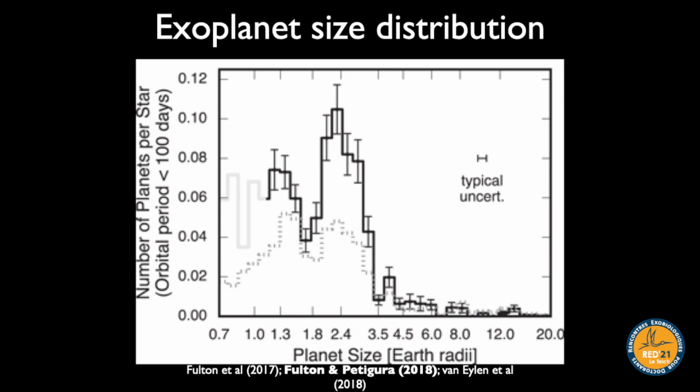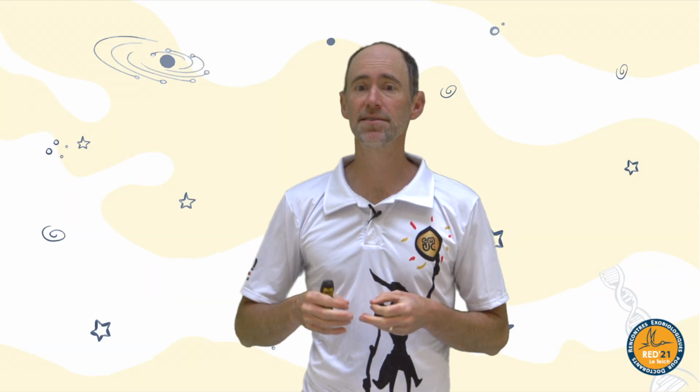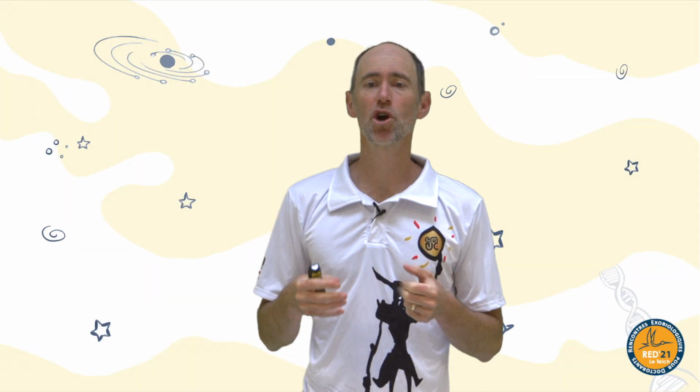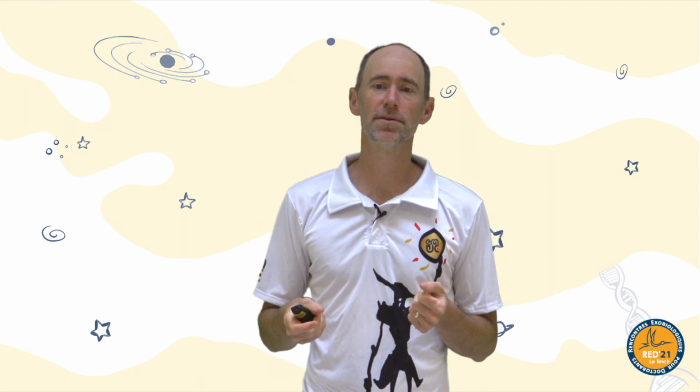And exactly what that means is currently being debated today. It may have to do with a division between what we call super Earths that are kind of big rocky things on the smaller side and more like mini Neptunes on the larger side. It's still not 100% nailed down, but that's the current favored explanation for it.